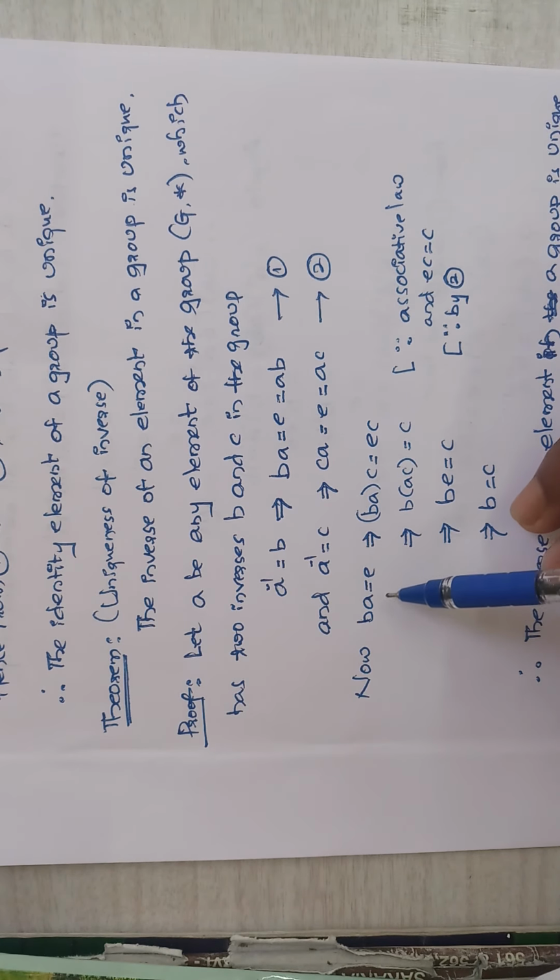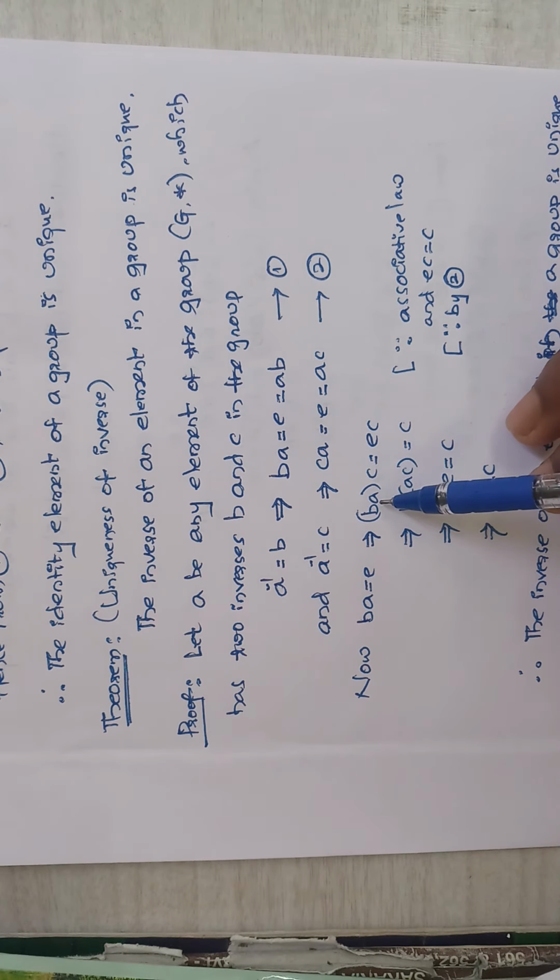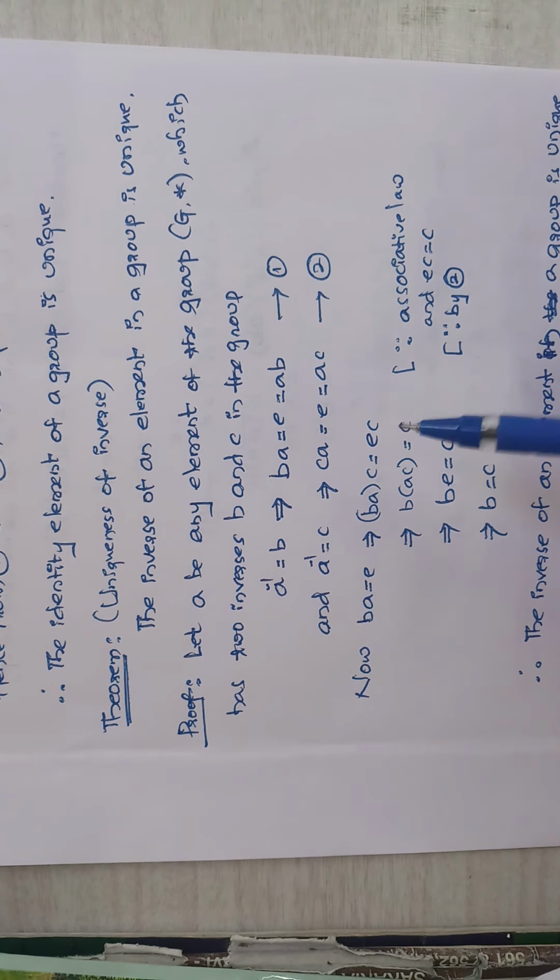So here I am taking BA is equal to E. That implies that, multiplying C on the right side, we get BA into C is equal to E into C. Using the associative law, we can write this as B into AC is equal to C.